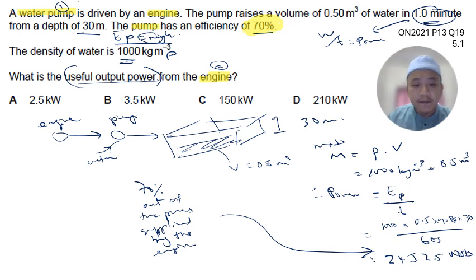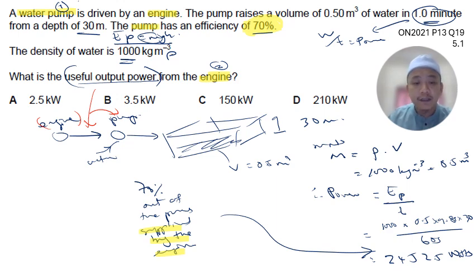So now what we want is basically the amount of power supplied by the engine. Therefore, we want to know what is the useful output power, which is basically the amount of power that is supplied by the engine for the water pump.